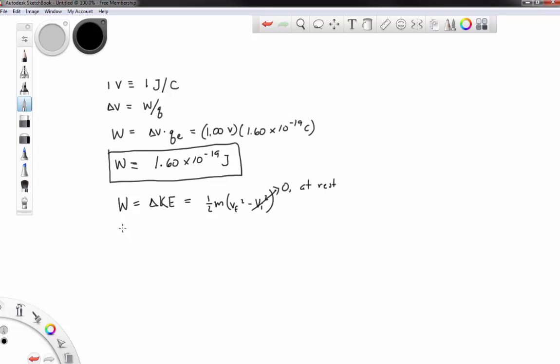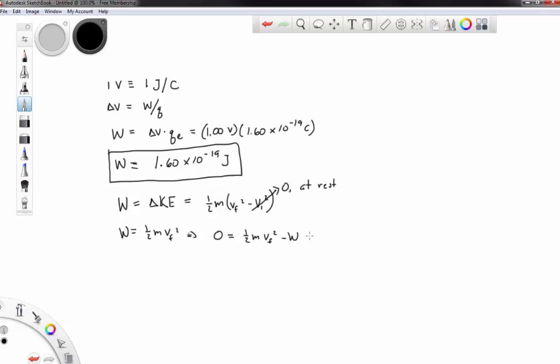So what we have here is that the work is equal to 1/2 the mass times the final speed squared. So that means we can try to solve for the final speed. We're going to have 0 is equal to 1/2 m v final squared minus work.